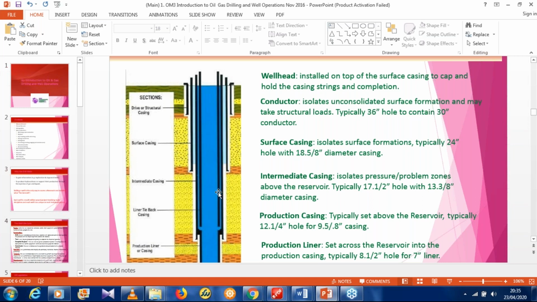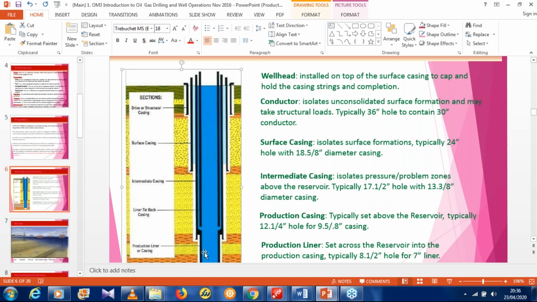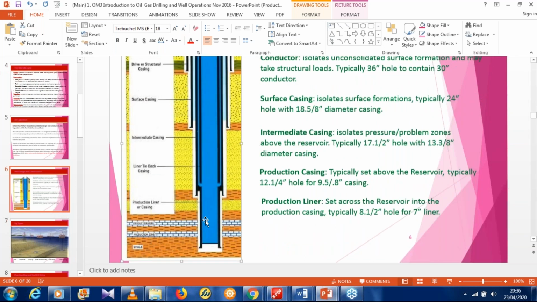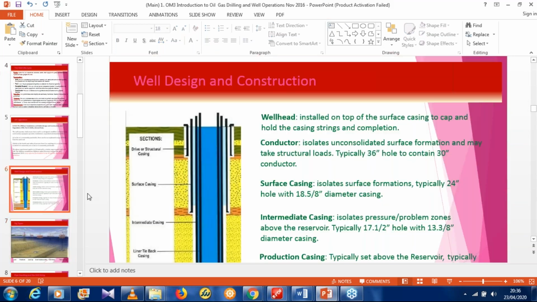Now within this place, that's where you have the cement casing. And then we have the inner liner tie back casing. That's this one here. And then we have the production liner casing, which is the one inside the main casing. Okay, and then we have the reservoir.